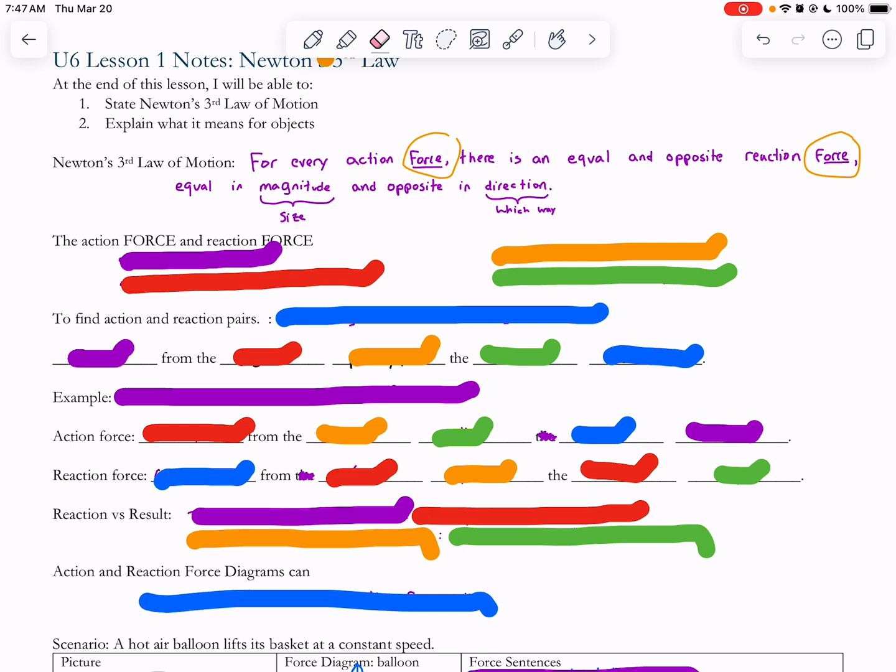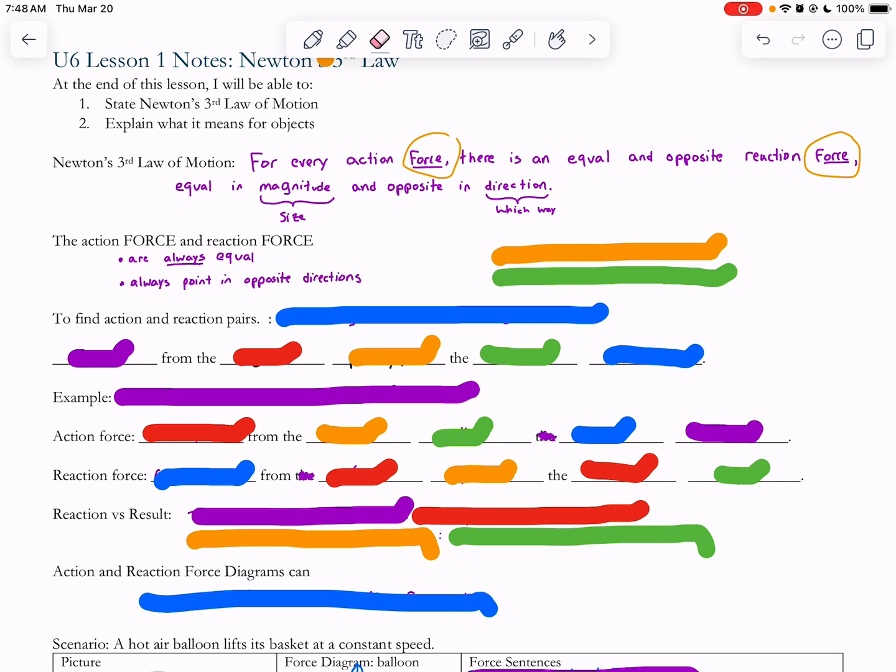When we're talking about the action force and the reaction force, there are some points we want to remember. The action and reaction forces are always equal. It doesn't say unless or except or only when. It doesn't matter if one's moving, one's not moving, one's bigger, one's smaller. The forces are always equal. It just says they're equal and opposite, period.